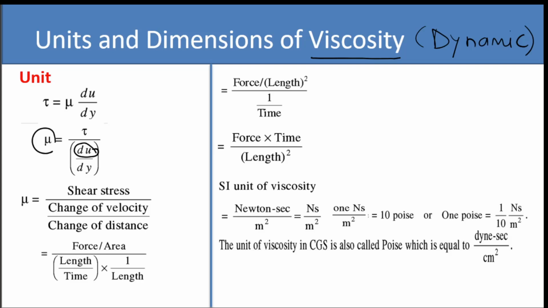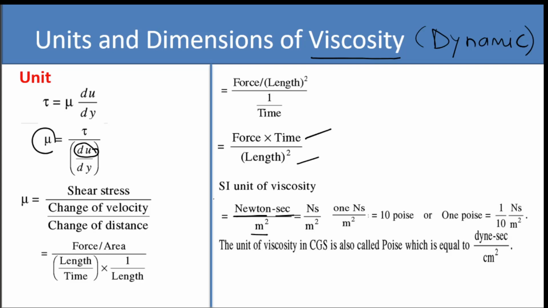So force upon area, whole divided by velocity, which is length upon time, and change of distance is 1 upon length. So we are getting force into time divided by length square. The unit of force is Newton, the unit of time is second, and the unit of length is meter square.